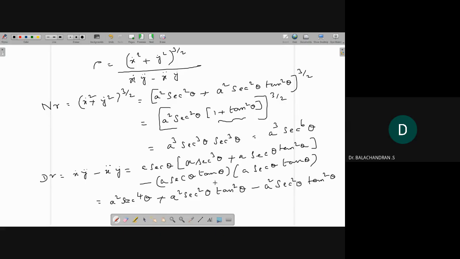So you can cancel these two, and the denominator is a square into secant power 4 theta.